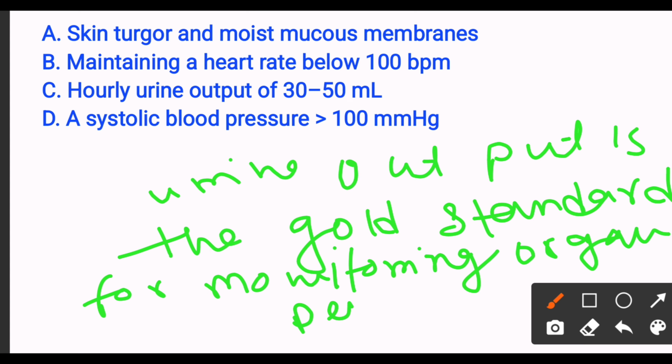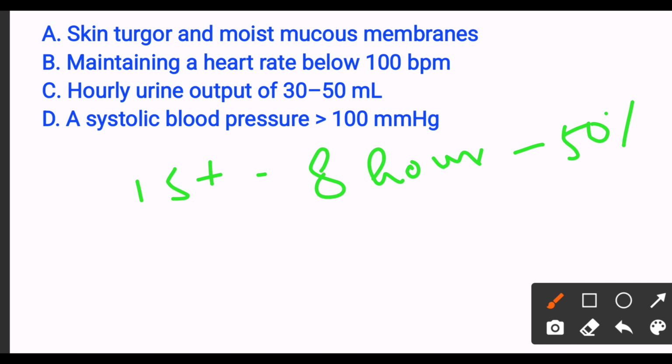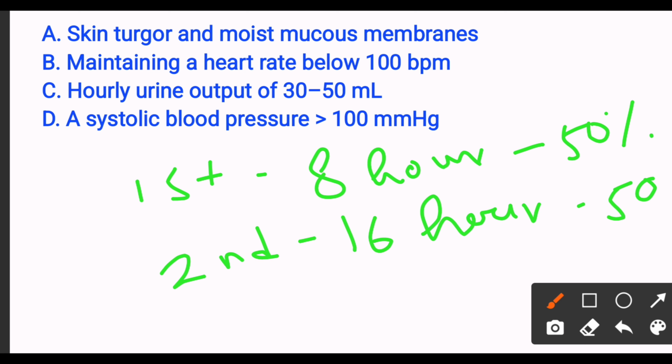According to the Parkland formula, half of the fluids are given in the first 8 hours, 50%, then in the second 16 hours we give the other 50% of the fluids.